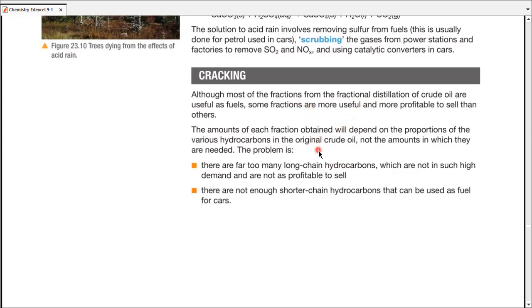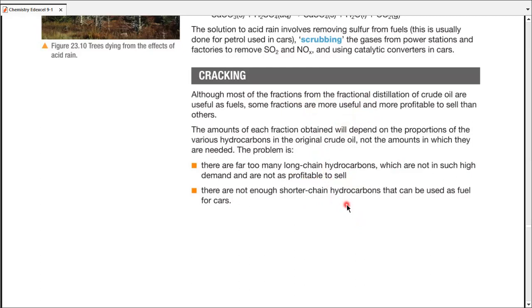The amount of each fraction obtained will depend upon the proportions of various hydrocarbons, not the amounts in which they're needed. So the problem is there are far too many long-chain hydrocarbons which are not in such high demand. They're not profitable to sell. There aren't enough shorter chain hydrocarbons which can be used as fuel for cars.